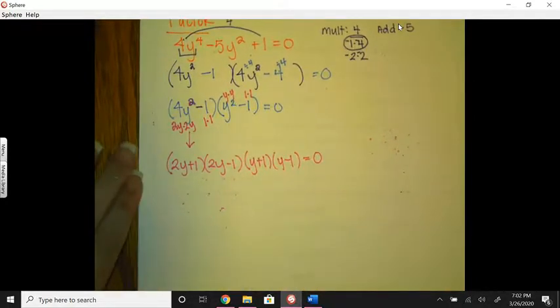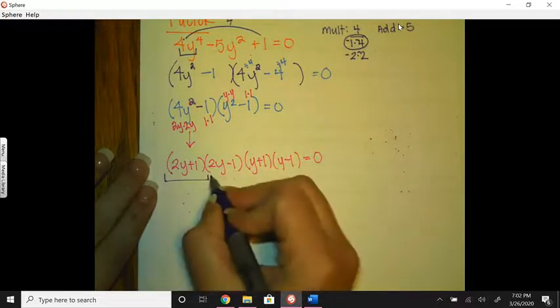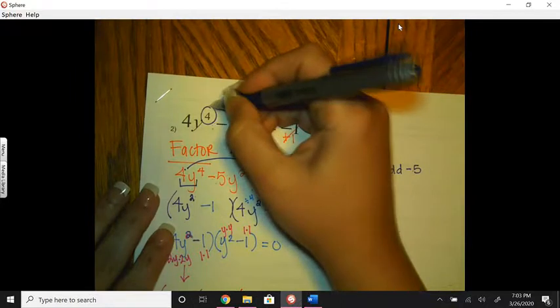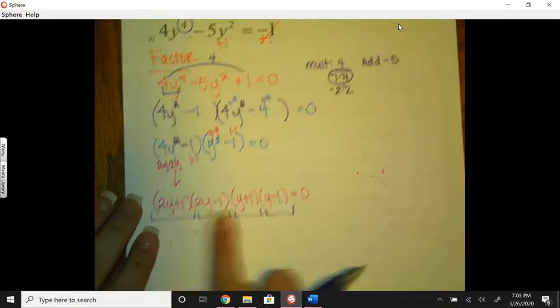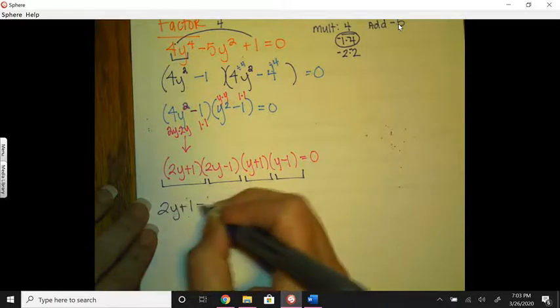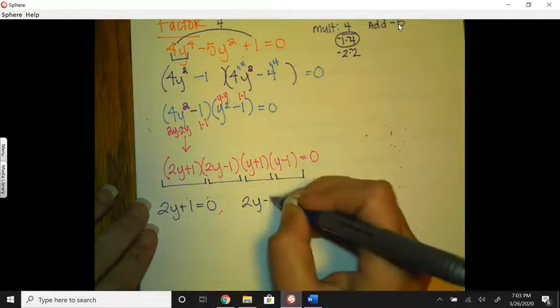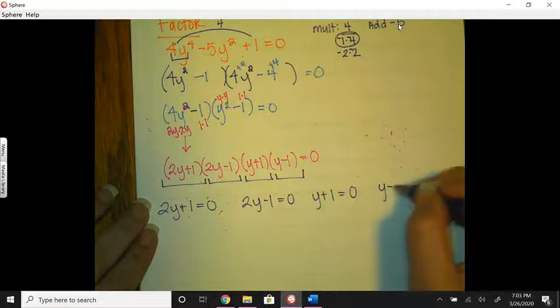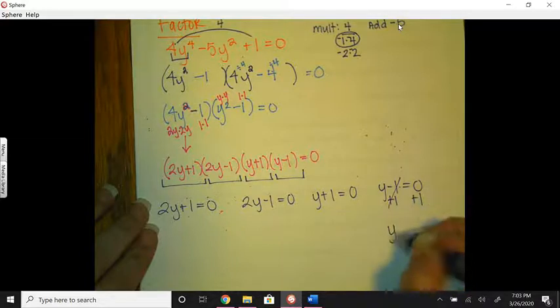And now that everything's completely factored, we could set each of these equal to 0. Notice the highest exponent is 4, and we have 4 equations that we're going to solve here. So 2y plus 1 equals 0, 2y minus 1 equals 0, y plus 1 equals 0, and y minus 1 equals 0. So go ahead and solve all of these.